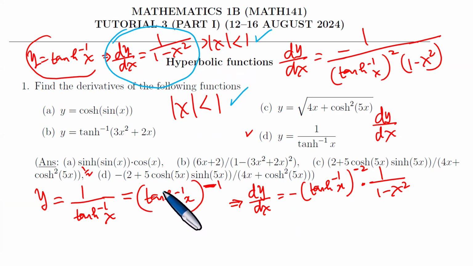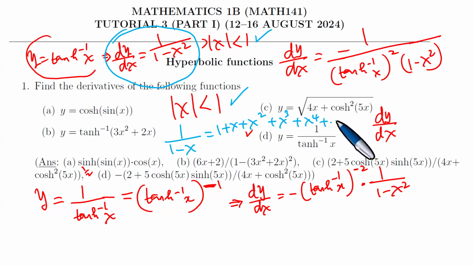But it's very important to understand that this is a geometric series. How is it a geometric series? Because it originates from 1 over 1 minus x, which is 1 plus x plus x squared plus x cubed plus x to the 4th, and so on.